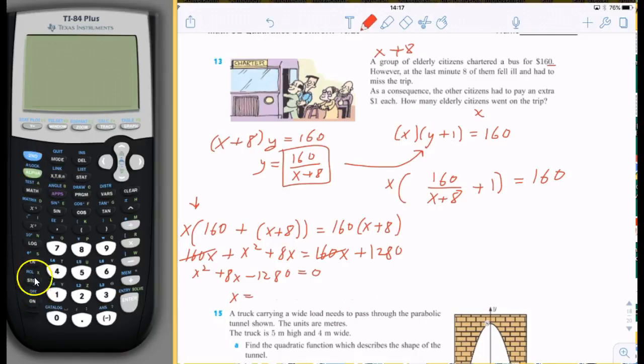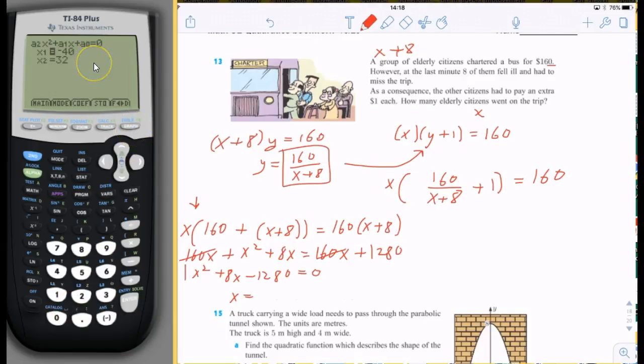I'm going to use the apps, PolySmlt, and I'm going to use the polyroot finder, and I'm going to put in the coefficients 1, 8, and negative 1,280. I said something different.